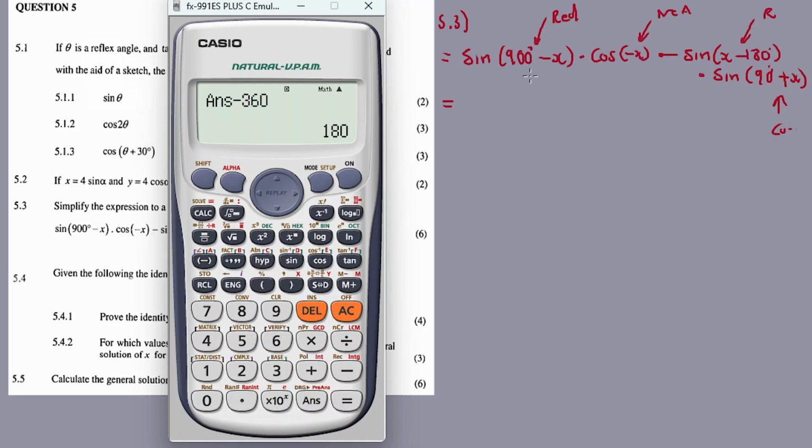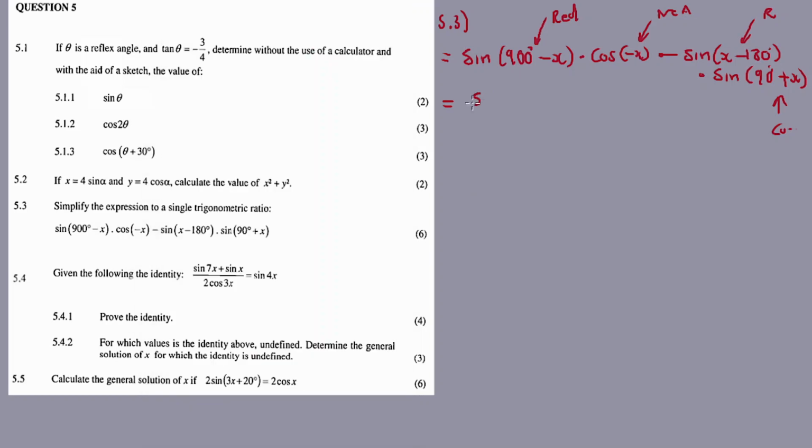That's why this is also a reduction formula. So you change the 900 minus to 180 minus, multiplied by cos of a negative angle. The cos of a negative angle, we find it in the fourth quadrant, so it will be cos of a positive angle. In maths we don't work with negative angles, that's why we must simplify to a positive angle here.